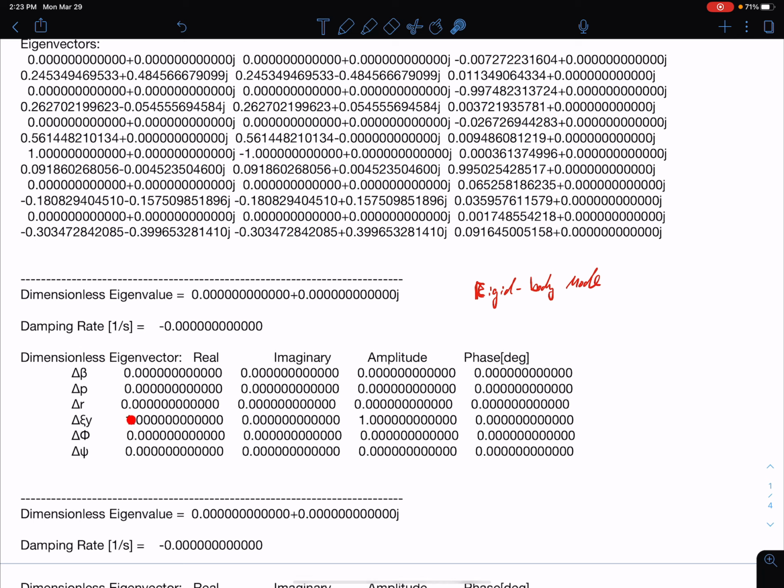And so you can see we get a 1 right here. We have zeros outside of that for this eigenvector. And that 1 represents our y coordinate. So that's a non-dimensional y coordinate, remember?